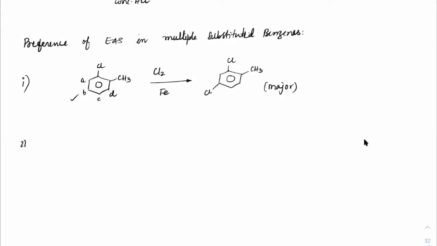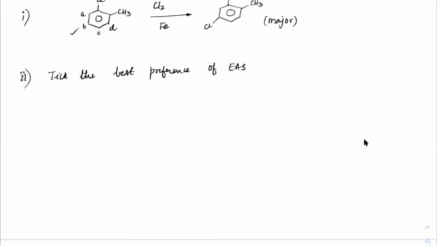Now, second case, I'll just write it and you have to take the position, everyone. Where exactly is the best position? Take the best preference of EAS. Suppose you have NO2 and Cl here.